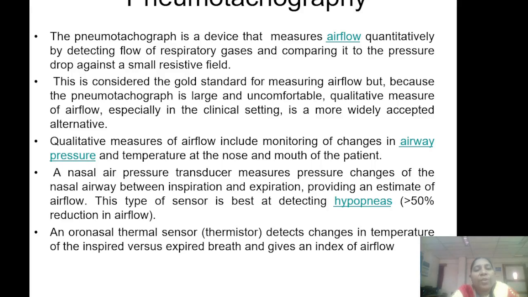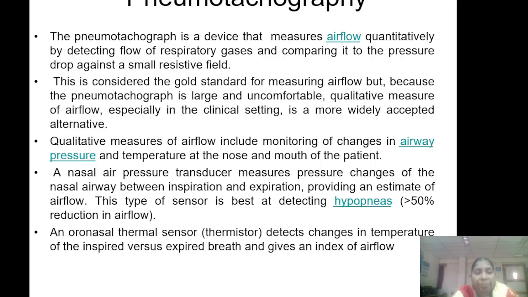There is also a qualitative measure of airflow, which includes monitoring the changes in airway pressure and temperature at the nose and mouth of the patient. Usually a nasal air pressure transducer is placed at the nose. It measures the pressure changes of the nasal airway between inspiration and expiration.